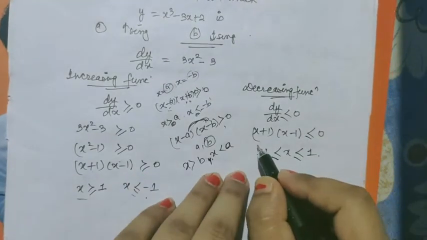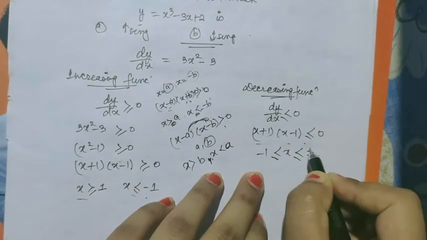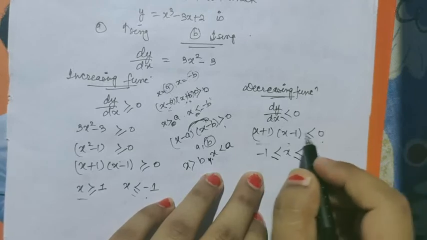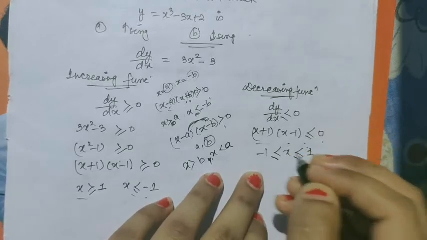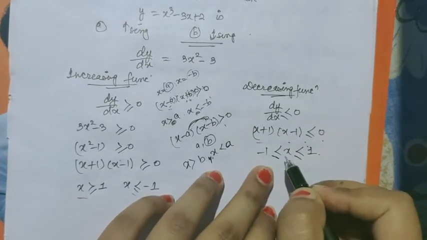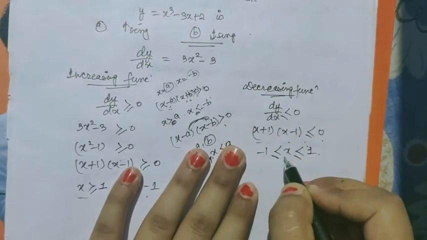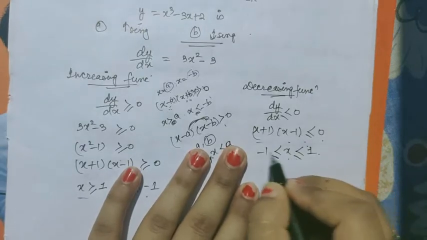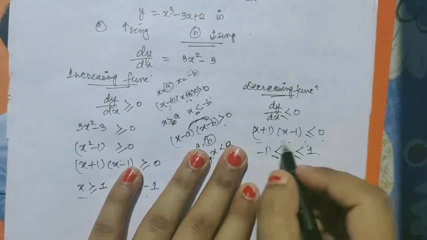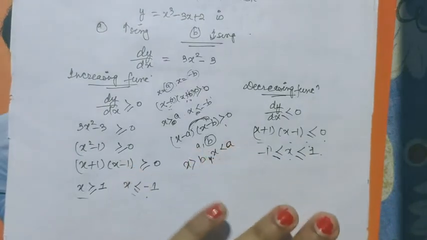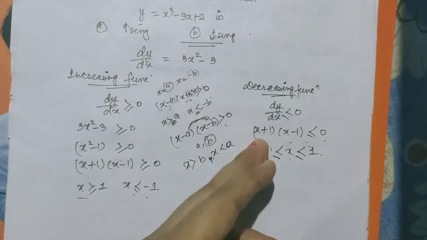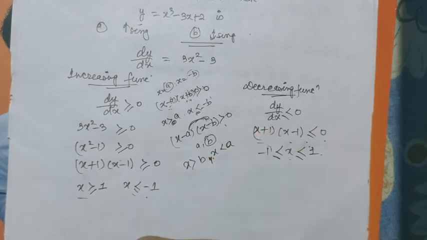And when the function is given as less than or equal to 0, you can write that x is in between the smallest value and the greatest value among those two values. Okay, you can prove it by taking some points and putting them in this function.